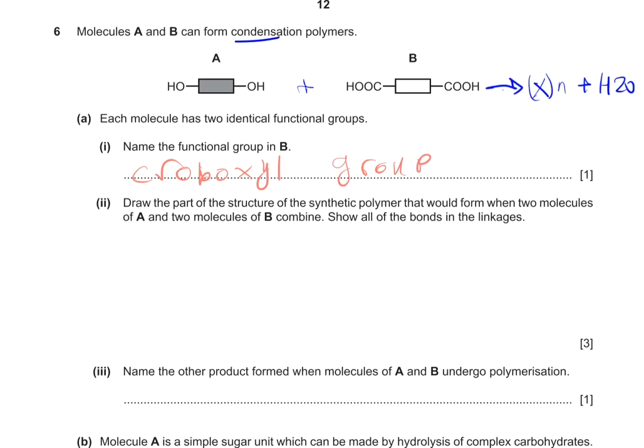So we gotta get H2O from somewhere in here. So that's an alcohol, and that's a carboxyl group, or carboxylic acid. So this one over here has COOH, and this one has OH.